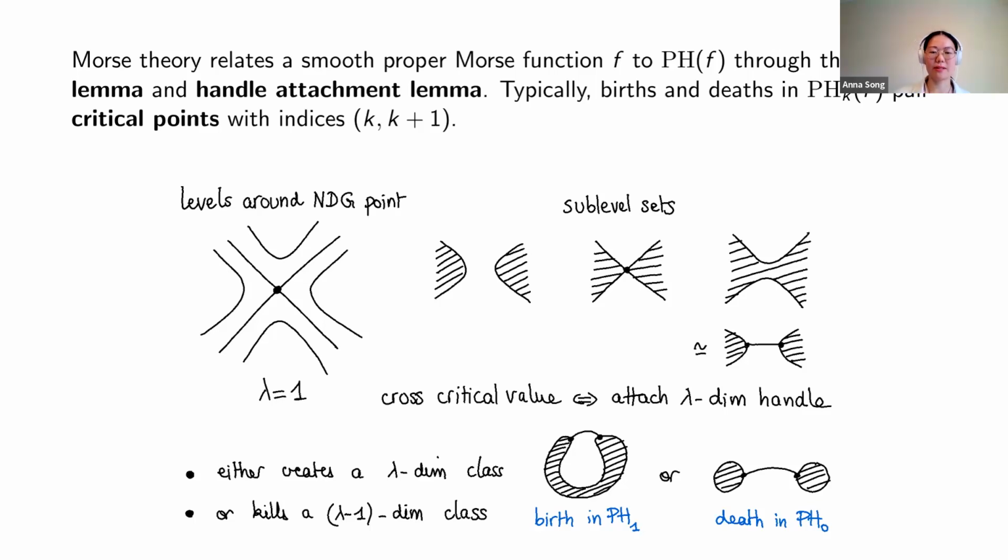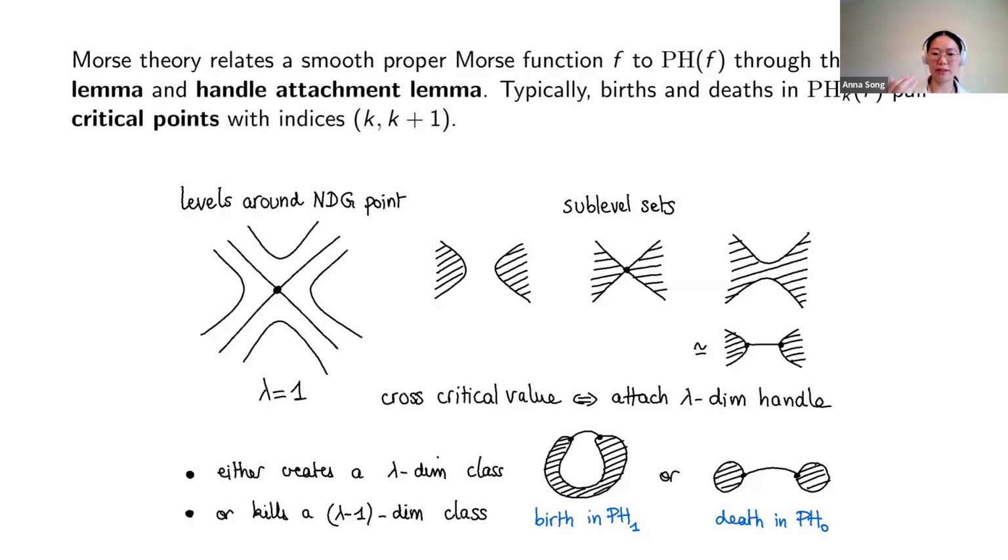Basically, the isotopy lemma says that when you increase the level and you take the sublevel set, when you are not encountering any critical point, then nothing changes at the level of topology and homology. However, as soon as you're crossing a non-degenerate critical point of index lambda, topologically, this is equivalent to attaching a lambda-dimensional handle to the previous smaller sublevel set.